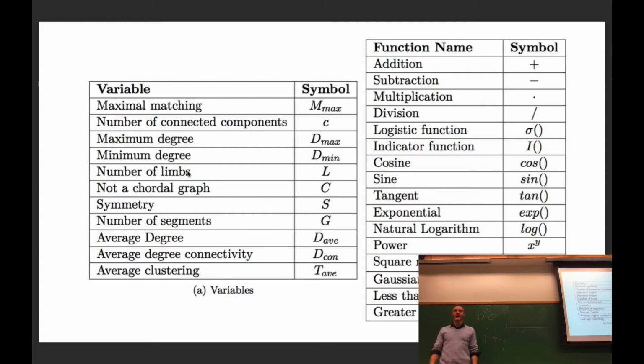So I flip a coin again. Heads, I'm going to put a variable in here. Tails, I'm going to put a function. Let's say I flip a coin and it's heads, reach into the variable bag, and by chance I pull out G, and flip a coin again, and because I'm getting tired, let's put L in here.